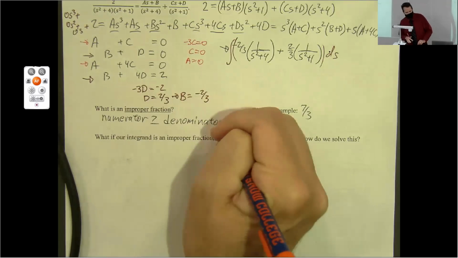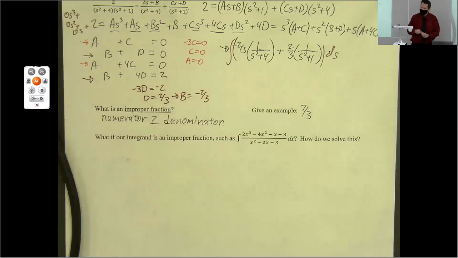Now, every one of the problems I've worked with you so far today has been a proper fraction to start with. And this technique that we've just developed works on all proper rational functions.